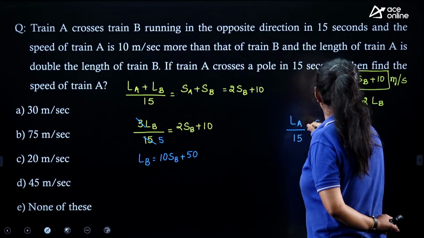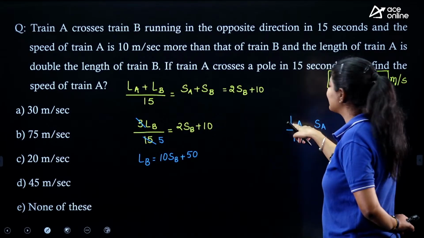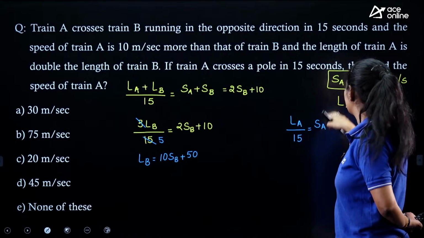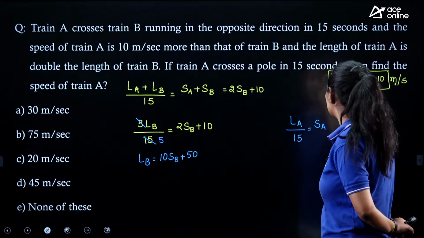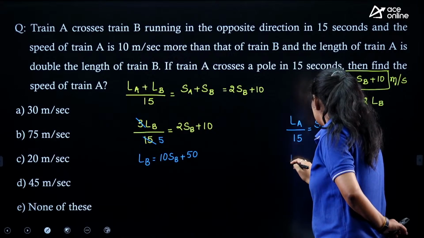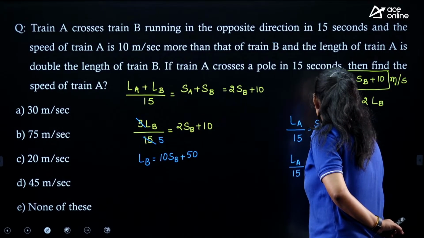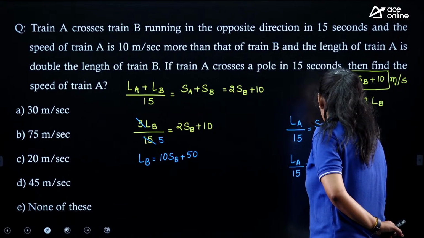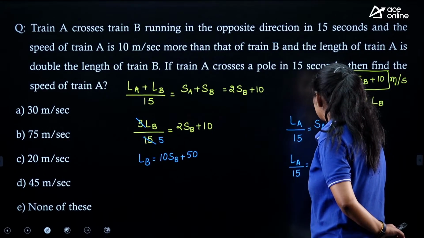Okay, so we can do one thing. We can either replace LA or SA with either of the relations given over here. So we can write it as length of A divided by 15 is speed of B plus 10, right.